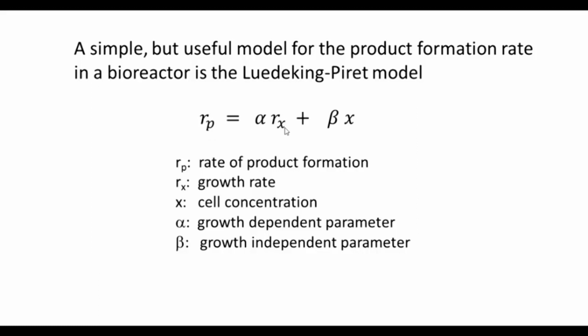Rp equals alpha times Rx: the product formation rate depends on growth rate and the cell concentration. Sometimes beta could be 0, sometimes alpha could be 0, and so on. Many other models are available. We will probably not look at other models in this particular course, but just remember that many other models are available.